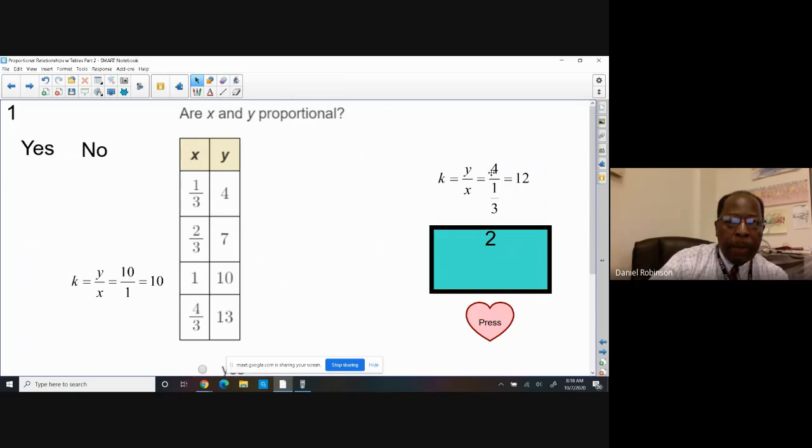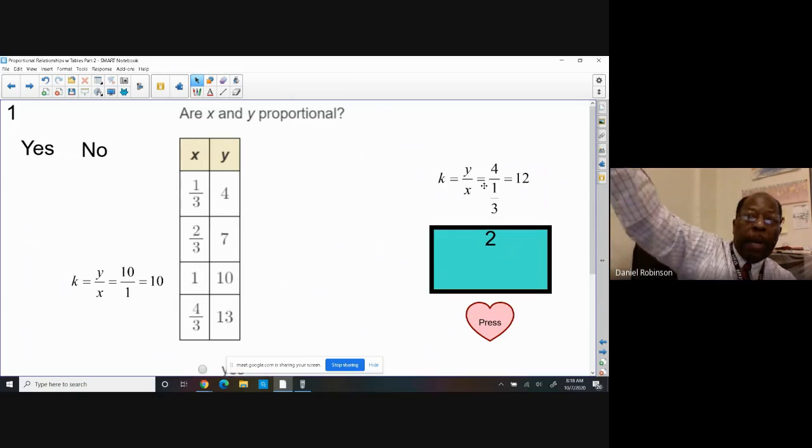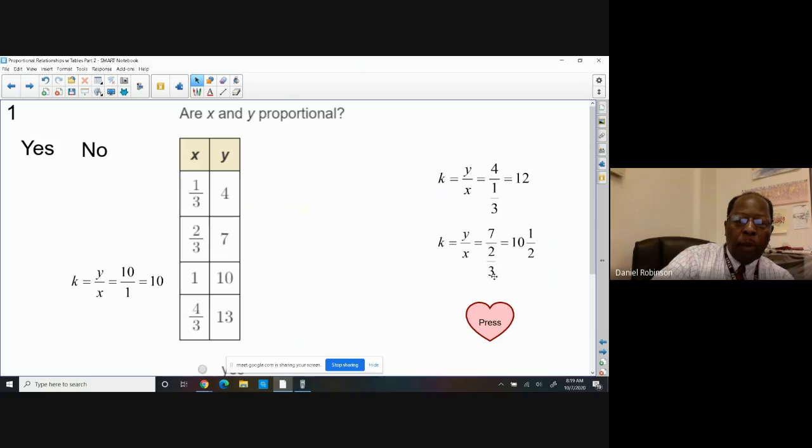All I have to do is type it in my calculator. 4 divided by 1/3 is 12. That lets me know that the answer is not proportional. But let me check the second fraction just in case. 7 over 2/3 is equal to 10.5. So I definitely know that this is not a proportional relationship just by checking those two items.